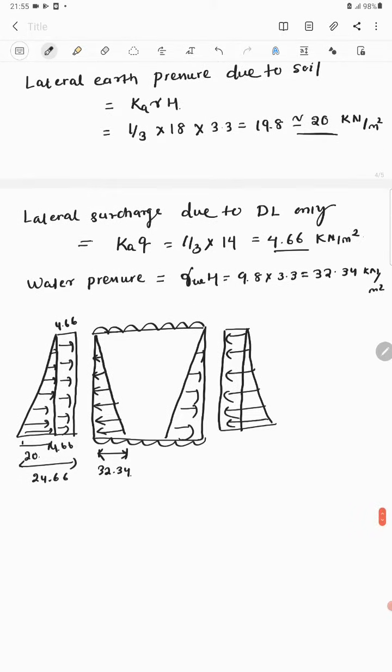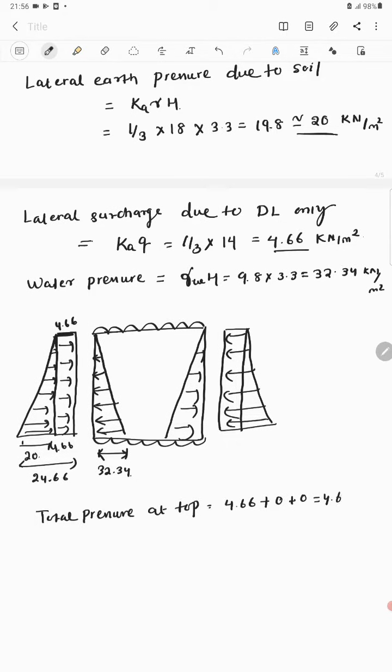Okay, so we can calculate this total pressure at the top. This will be 4.66 due to the surcharge, dead load surcharge, and due to this lateral earth pressure at the top, this is 0, and here also due to the water, this is 0.